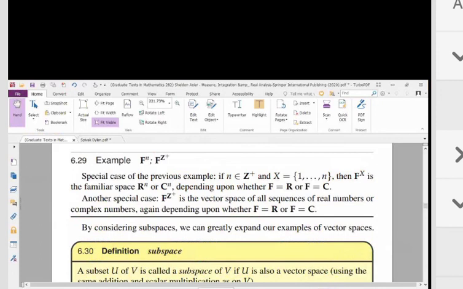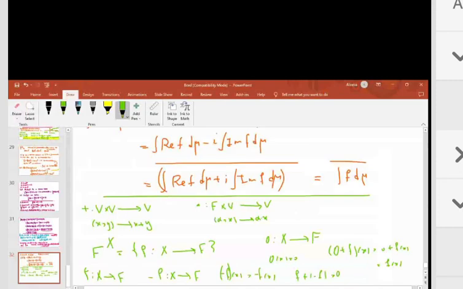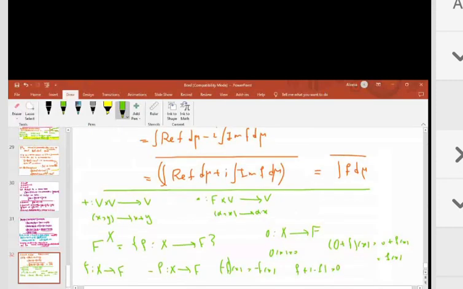A special case of the previous example: if n belongs to Z plus, the natural numbers, and X equals 1 to n, then F^X is the familiar space R^n or C^n. Please note that.